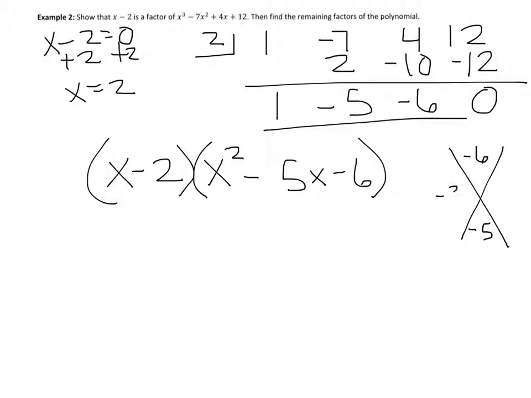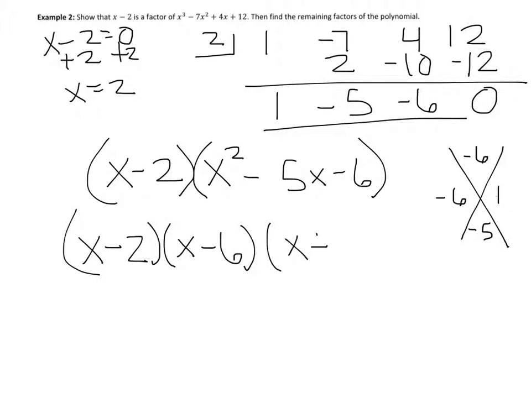If we have negative 3 and 2, negative 3 times 2 is going to give us negative 6, but it does not add up to negative 5. So let's try a couple different numbers. If we have negative 6 and 1, negative 6 times 1 equals negative 6, and negative 6 plus 1 equals negative 5. So our factors are x minus 2, x minus 6, and x plus 1.